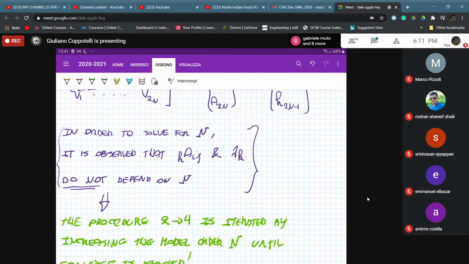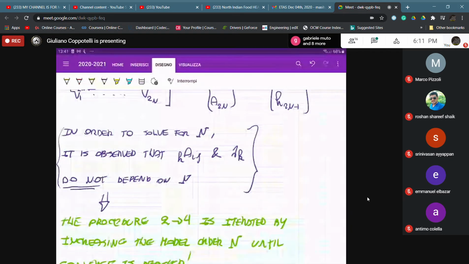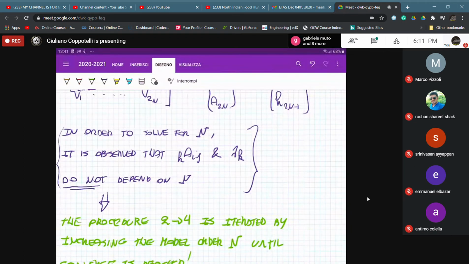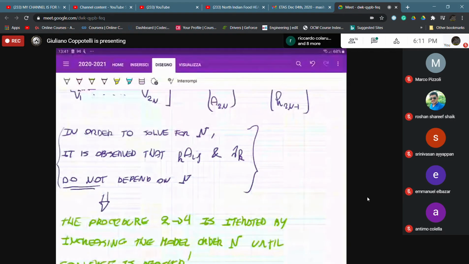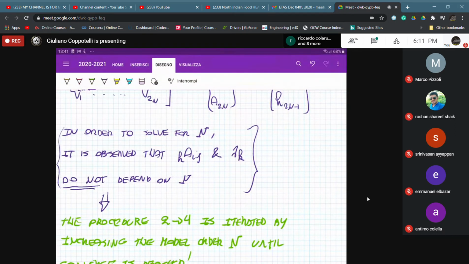And then we increase n, 1, 2, 3, 4, and we go up until what? Until we can find out that there is a suitable number of model parameters that are no more dependent on the index itself, that is, on the model order itself.